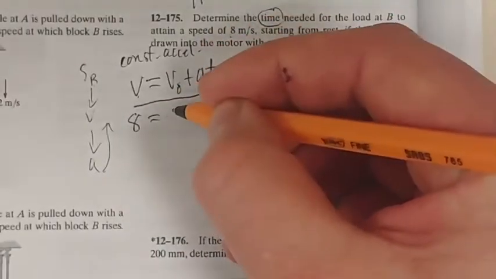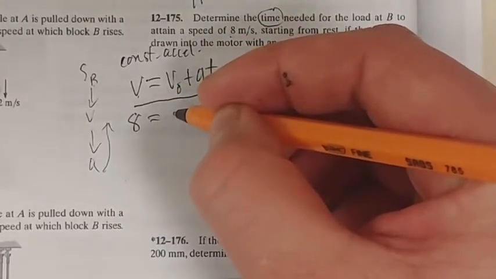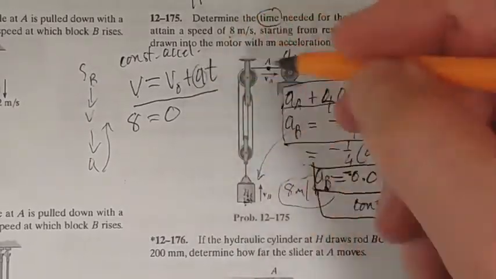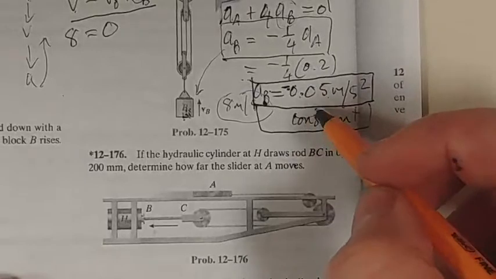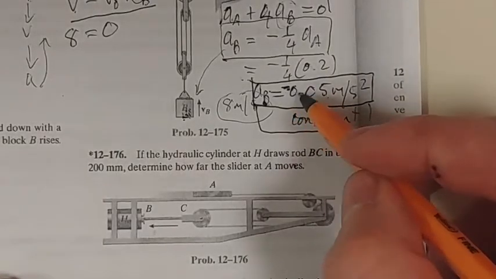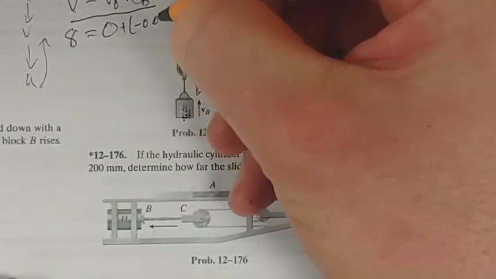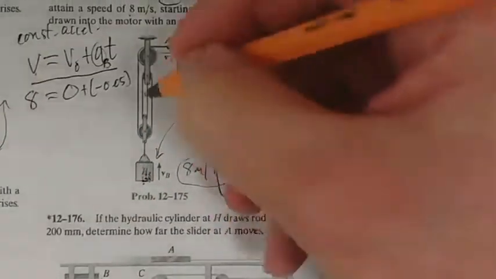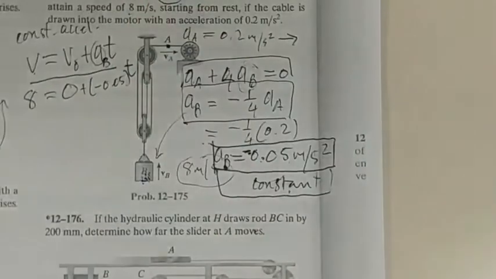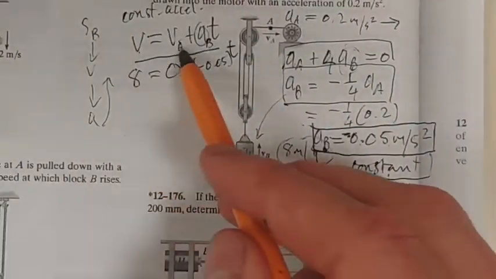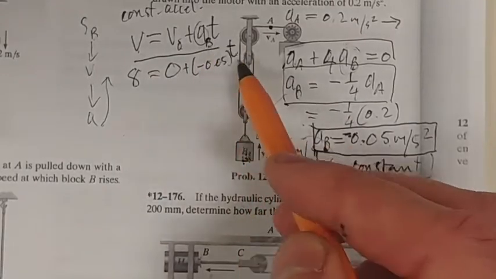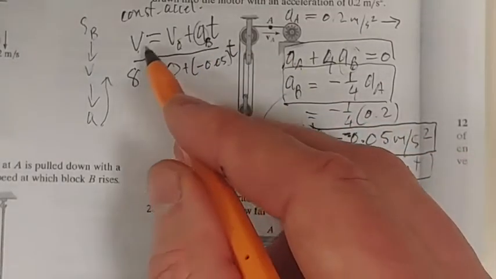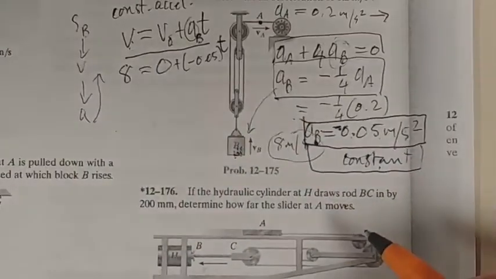What is our initial? 0. What is our acceleration for B? Acceleration for B is minus 0.05, times t. Okay, v equals v0 plus a t, acceleration of B times time. So the final velocity is 8.